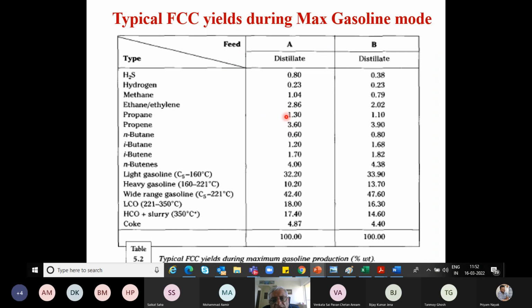You can see that unlike straight-run LPG, this propane, this C3 component contains propylene. Today, if people want to make propylene at a very low cost, particularly to make polypropylene, fluidized catalytic cracking is the technology of choice, because it converts a very low value material like vacuum gas oil into a pretty high value material like propylene.